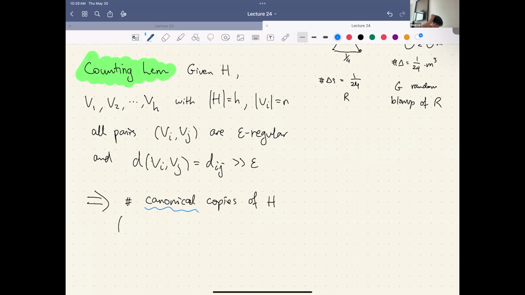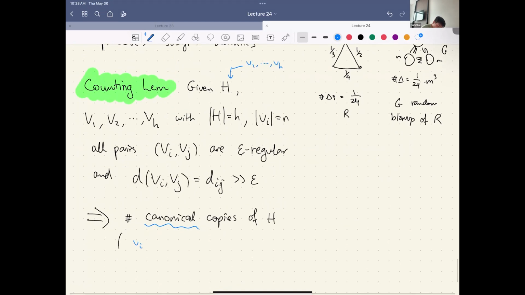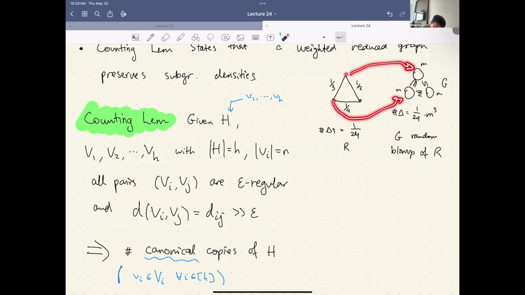This means if the vertices of H are little v1 to little vh, then for the copy, we need to require vi to be capital Vi for all i in H. Okay? This is what it means. We don't want to embed the triangle like this. We want each vertex to go to its own part.